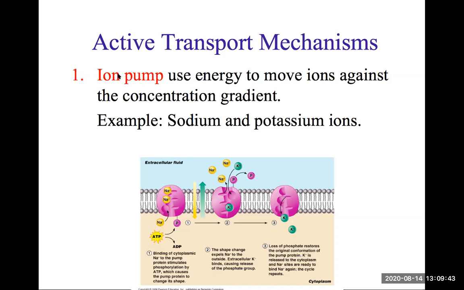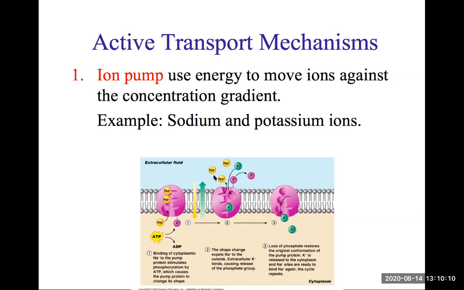So with an ion pump, the cell uses energy, ATP, to move the ions, but against the concentration gradient. Now, the concentration gradient is referring to where there's a high concentration and a low concentration. Okay, so notice if you look at this sodium here, inside the cell, I see 1 sodium. Outside the cell, I see 3 sodiums.